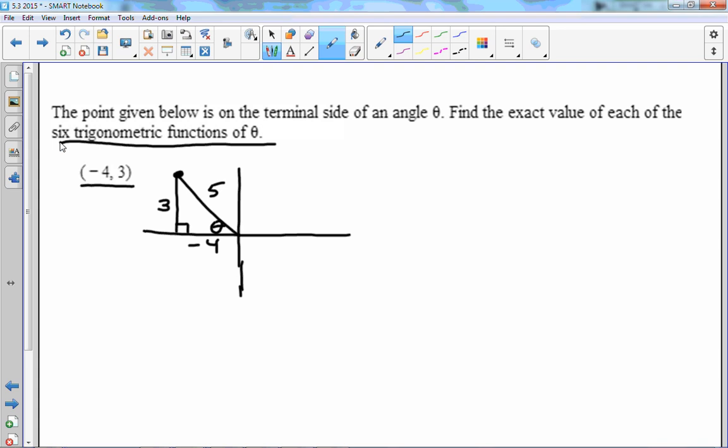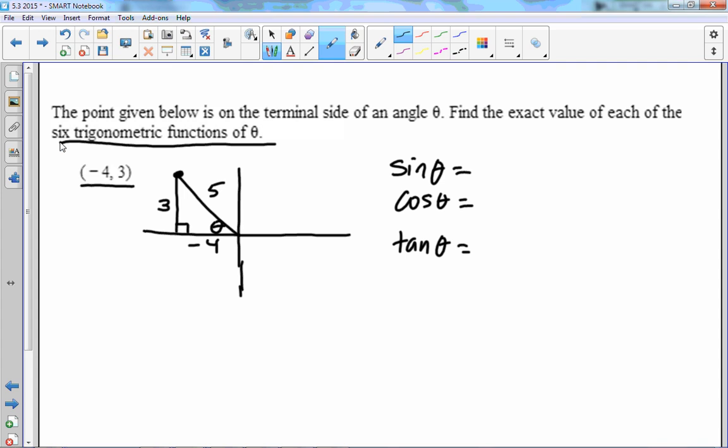Now, naming the 6 trig functions, all we have to do is look at the triangle. Okay, so we do sine theta, cosine theta, tangent theta, and so forth. All right, so how do we find sine from our triangle?